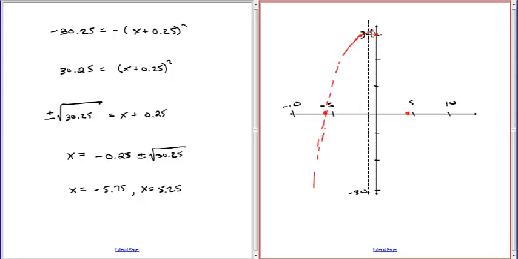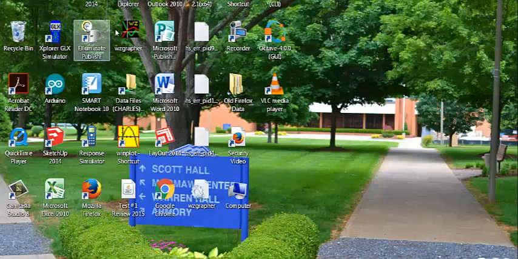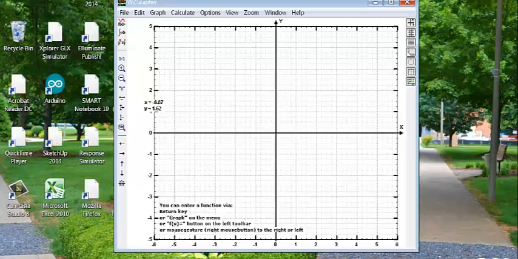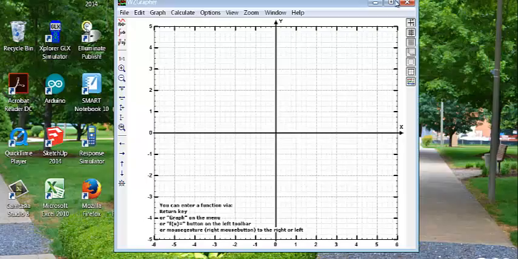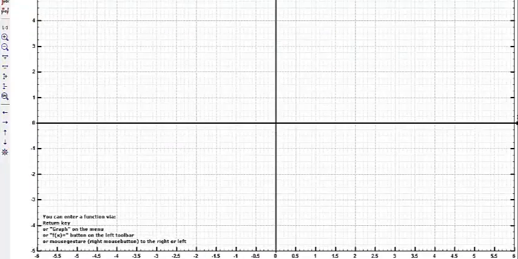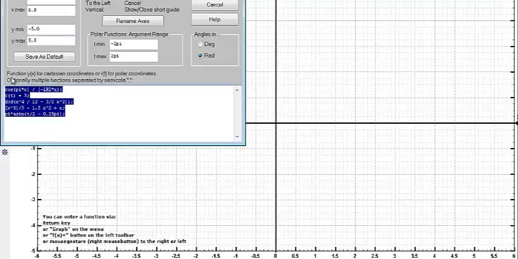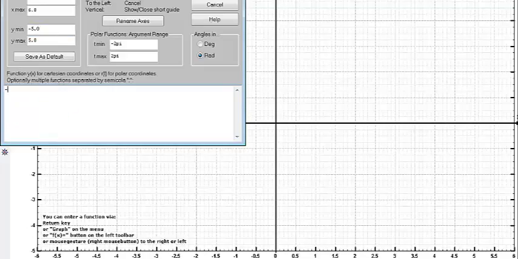Goes back around like that, and loops down. Okay, so there's a graph. Let's go to the graphing program. Our original equation was negative the quantity x squared plus x minus 30.